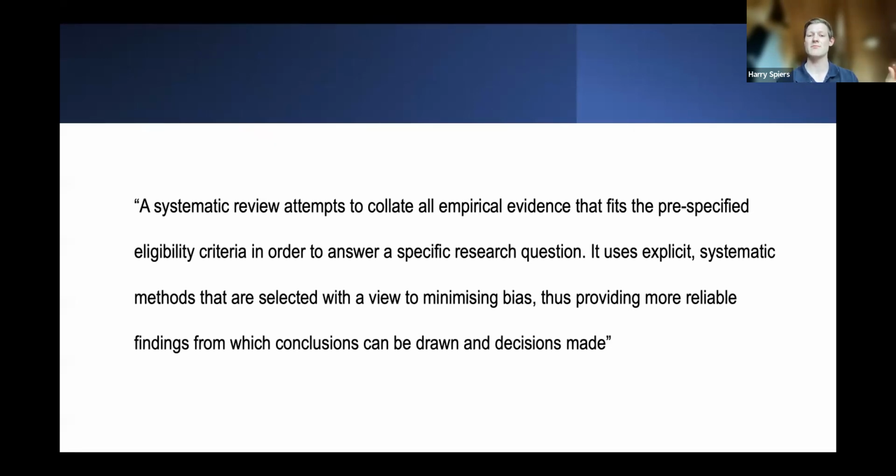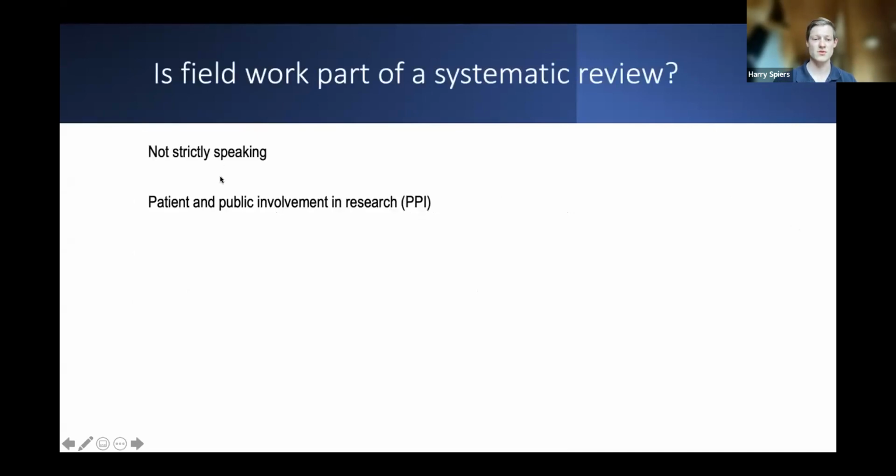You should have it written down before you start your review, and all reviews should be registered on Prospero, the database run by the University of York that has all of the systematic review methodology registered on it. When you feel a bit lost or you're unsure about a question, go back to your methodology and stick to that. I would always say have a rough definition in your head that you can always come back to.